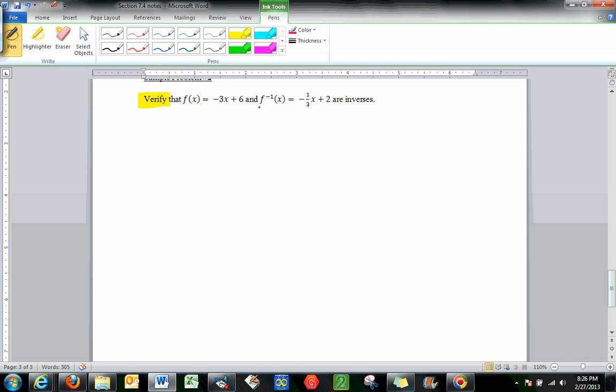Now, we probably should or could write this as g of x until we absolutely prove that they're inverses of each other, but either way is fine. You can keep it as f of negative 1 of x and we're just going to prove that they're inverses, or you can do it f of x and g of x separately if that makes it easier for you. So go ahead and pause the video at this point and work sample problem number 2.